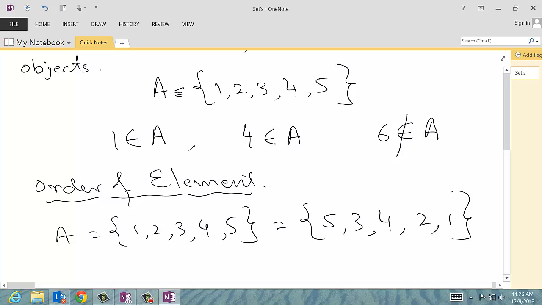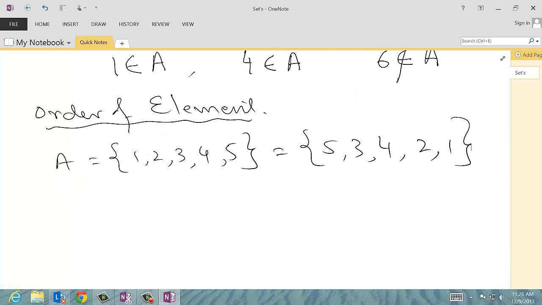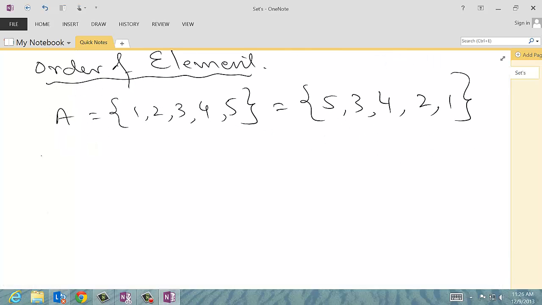No, it doesn't matter. It doesn't matter how the elements are arranged inside the brackets. That's none of our business. So it's perfectly okay to write elements in any order or in any form, and that's one thing that you have learned. And next is how do we present sets?